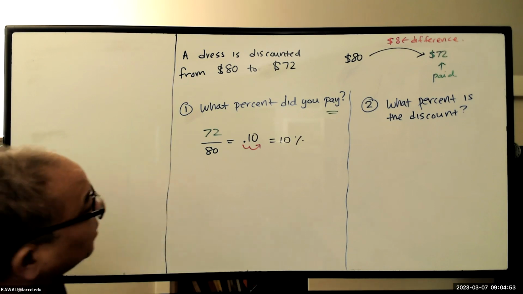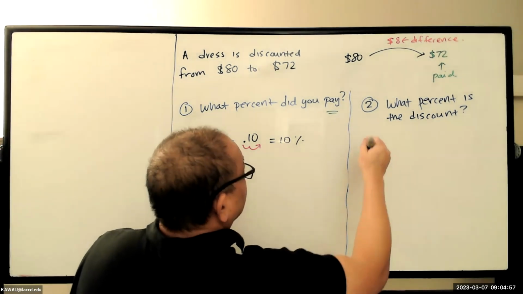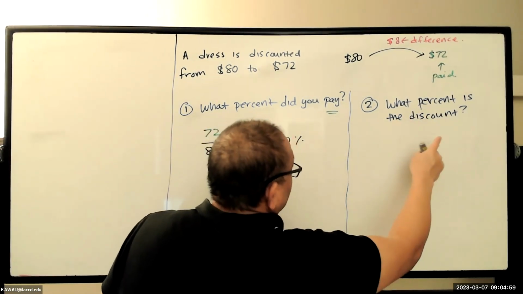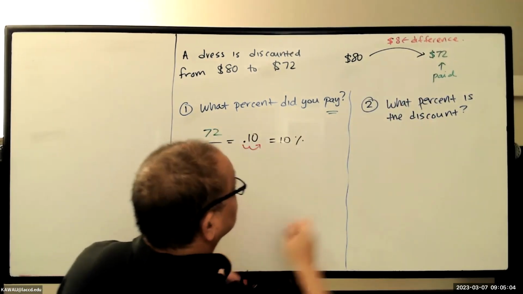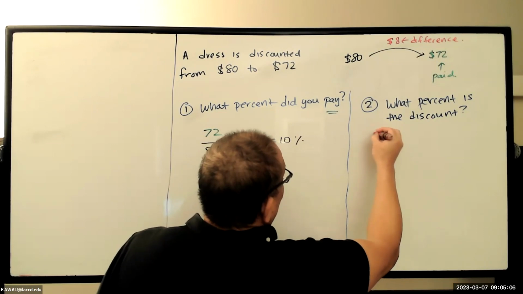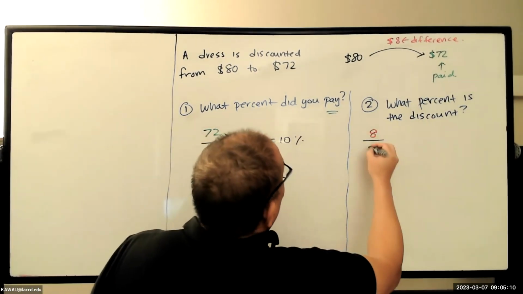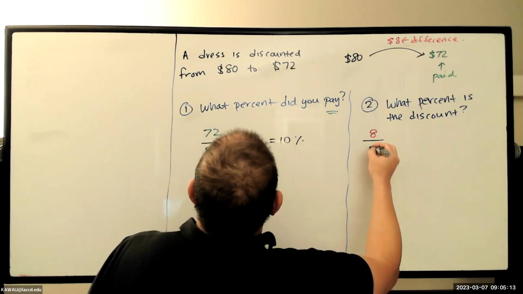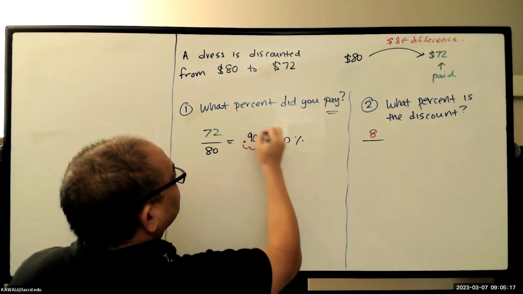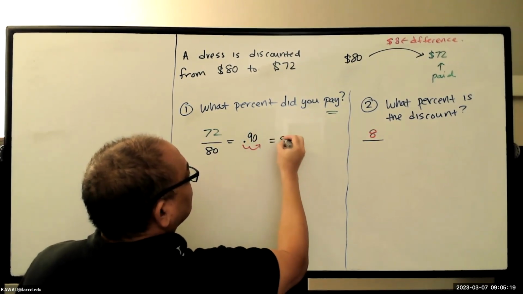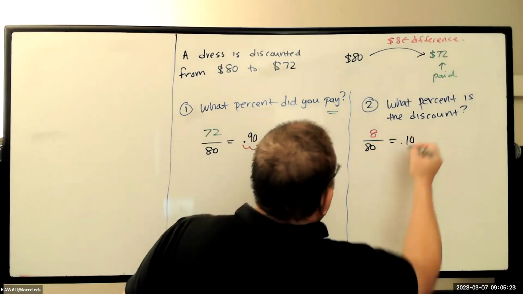And then on this one, we're looking at what was our discount? How much money did we save? So now this one is $8 over 80, which is equal to 0.10.